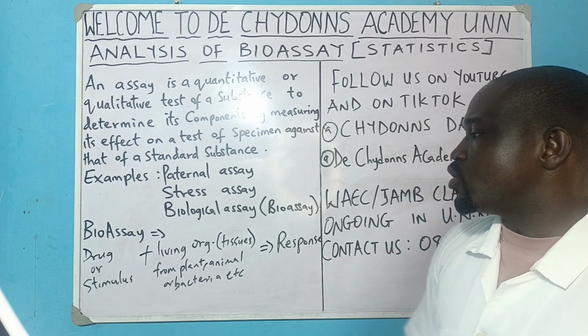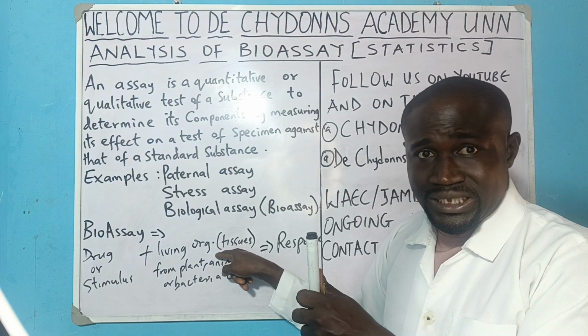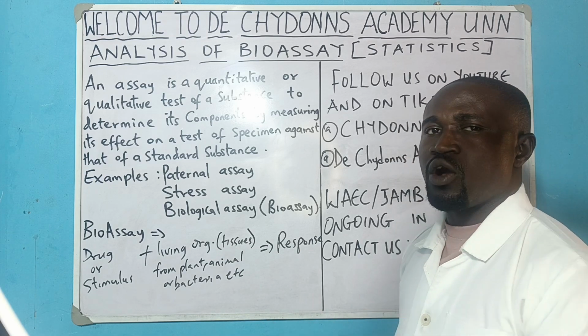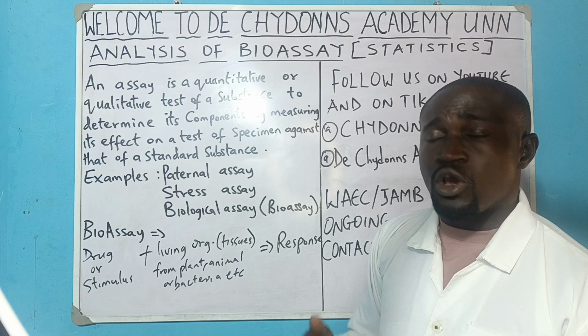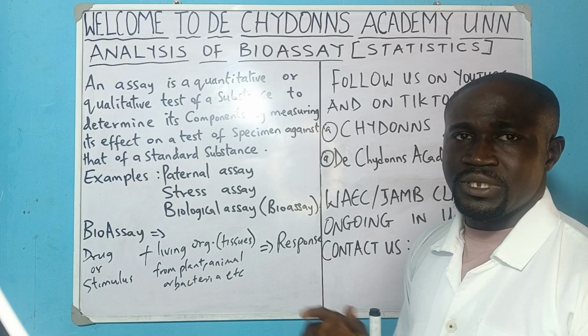You understand? So you take the drug, inject it into that living thing, and you check the response. What will it cause to that organism? Is it going to stop a particular thing, or is it going to cause a particular thing? That is what the response will be checking out.